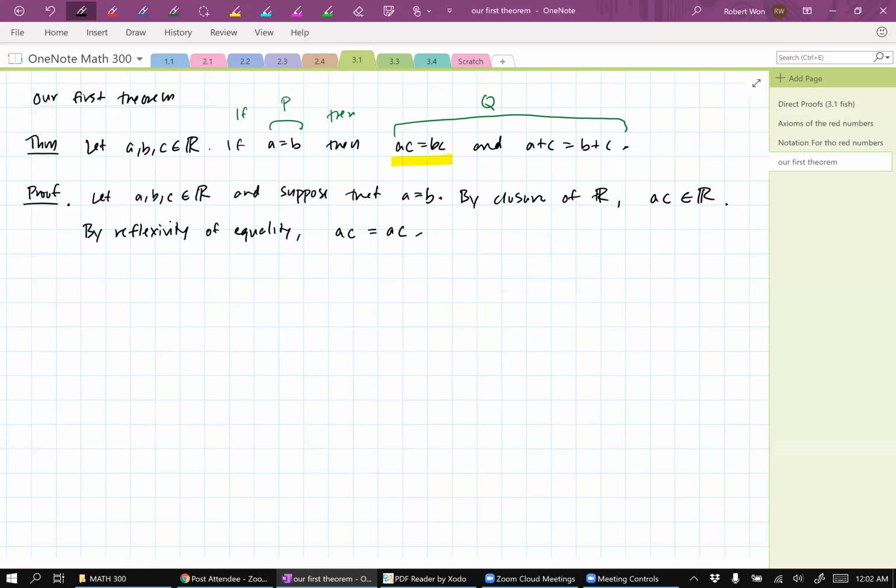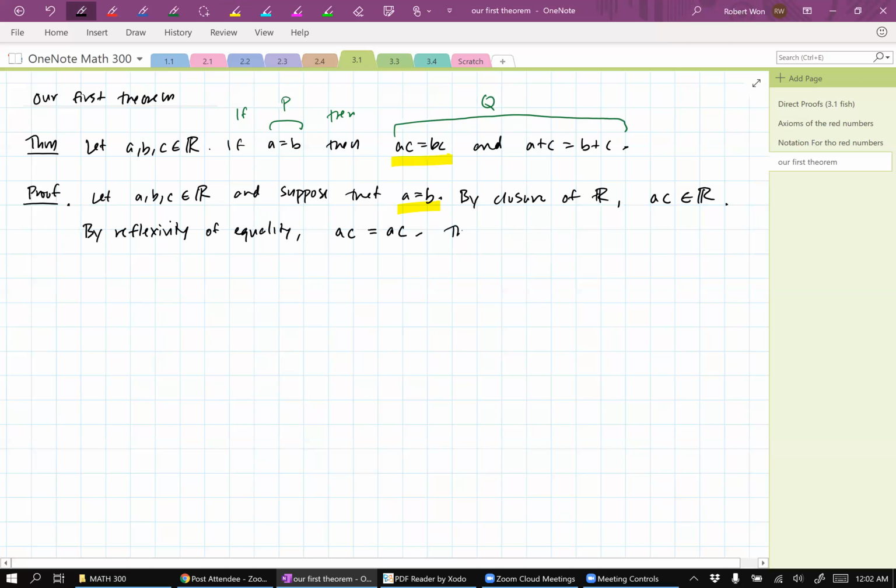But now I get to assume that A equals B, which means that I can use the substitution law to substitute B any number of times into any mathematical statement. And that's true, and it's still true.